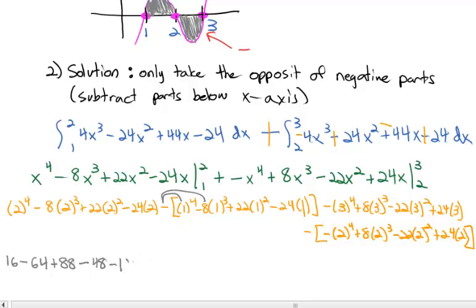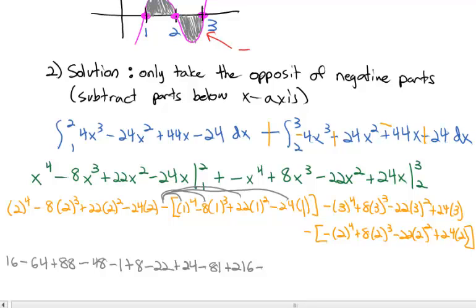Distribute the negative plus 8. Distribute the negative minus 22. Distribute the negative plus 24. Minus 3 to the 4th is 81. Plus 3 to the 3rd is 27 times 8 is 216.